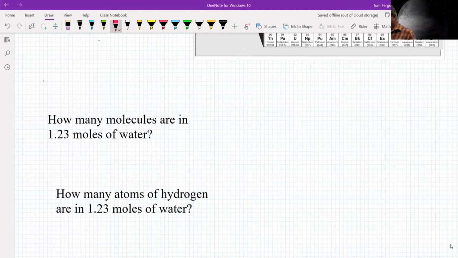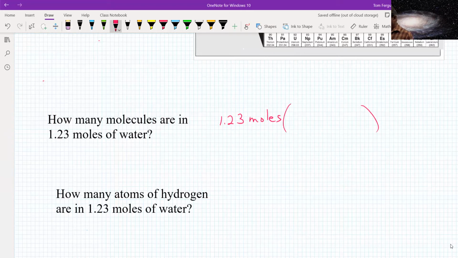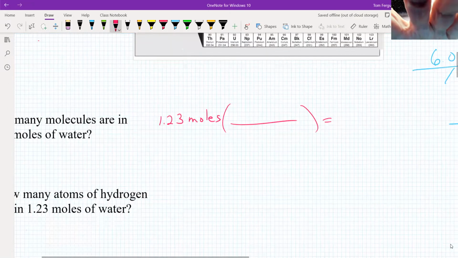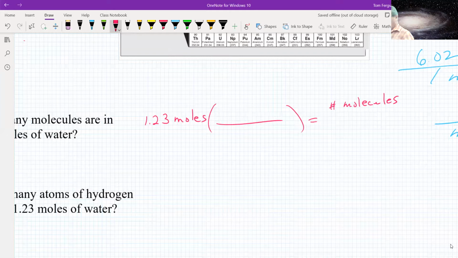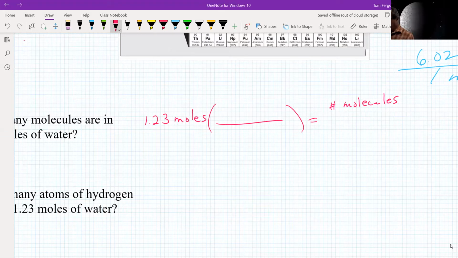Okay, we always put what's given on the left, and what we're trying to calculate on the right. So we're going to be using Avogadro's number here.